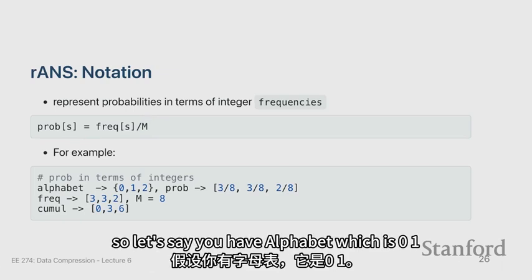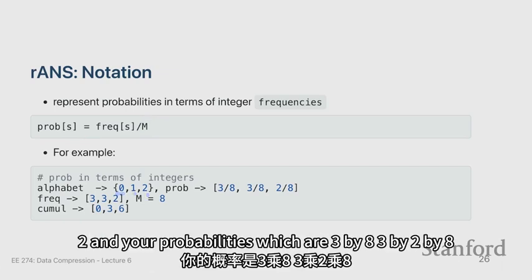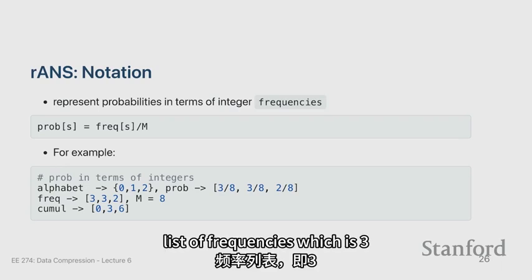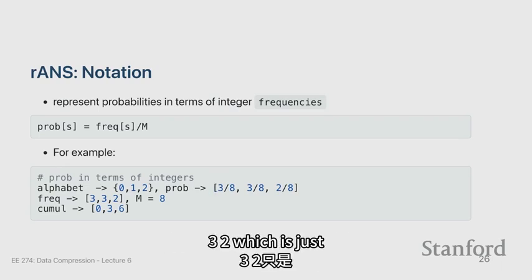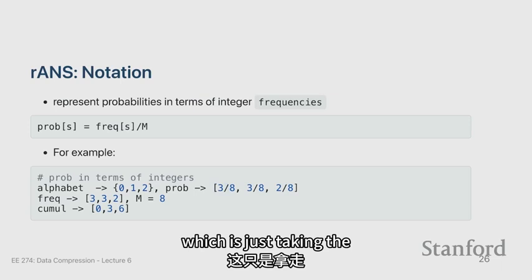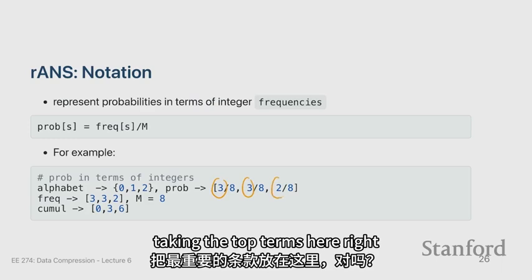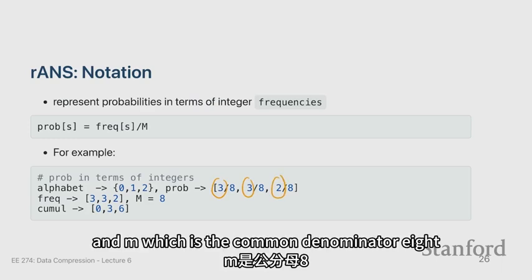Let's say you have alphabet 0, 1, 2, and your probabilities are 3 by 8, 3 by 8, 2 by 8. In this case, I'll represent this as a list of frequencies, 3, 3, 2, which is just taking the top terms here, right? And m, which is the common denominator, 8.